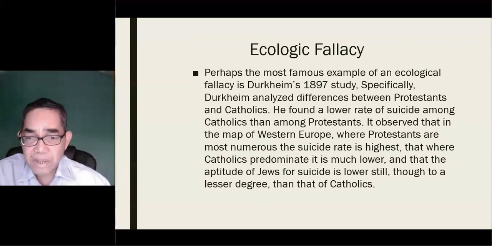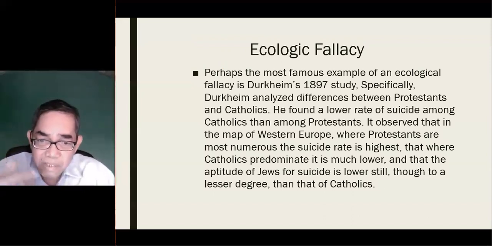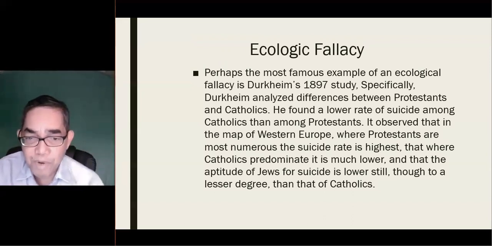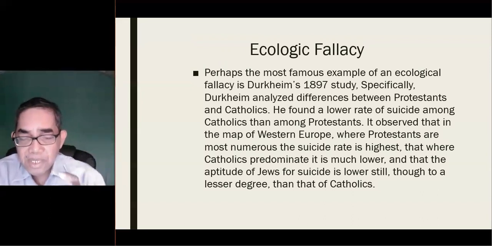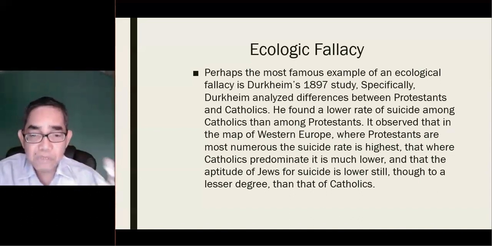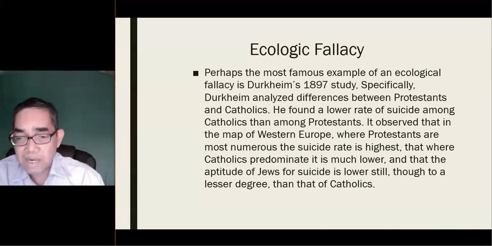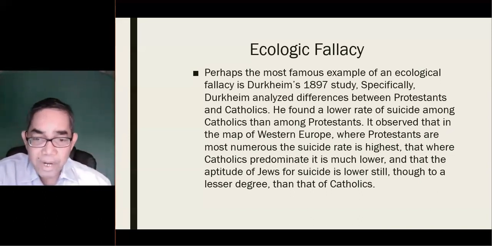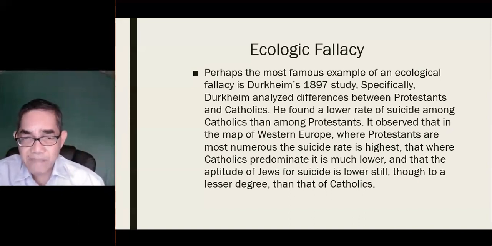He found a lower rate of suicide among Catholics than among Protestants, and observed that in the map of Western Europe, where Protestants are most numerous, the suicide rate is highest, and where Catholics predominate, it is much lower, and that the aptitude of Jews for suicide is still even lower, though to a lesser degree than that of the Catholics.